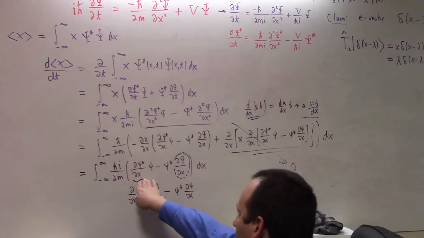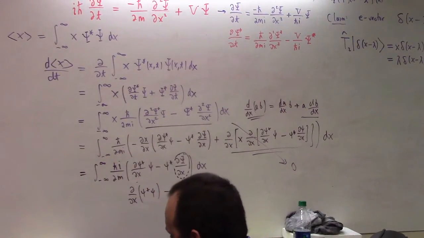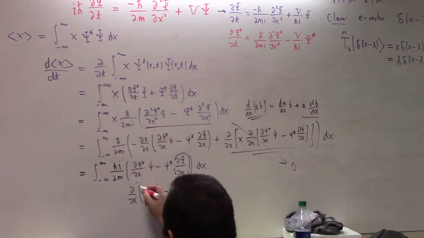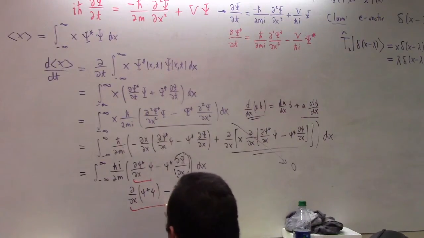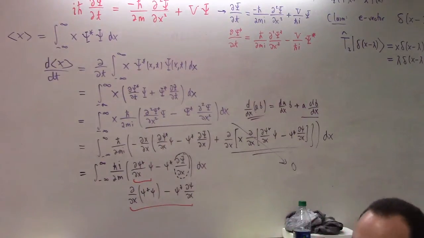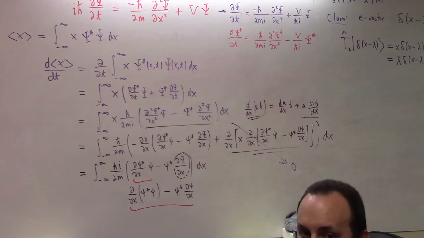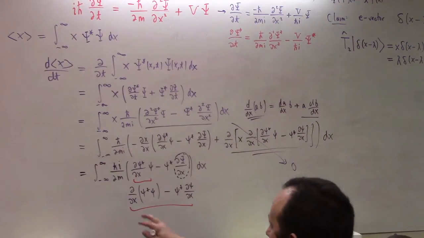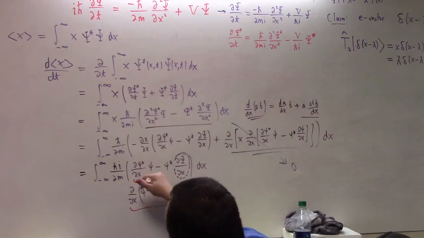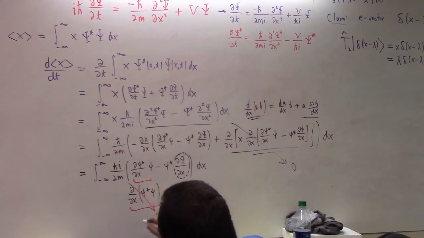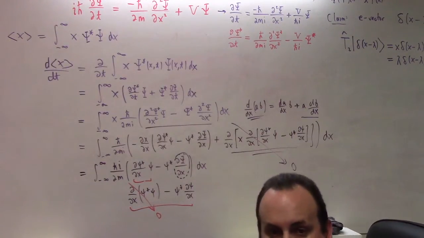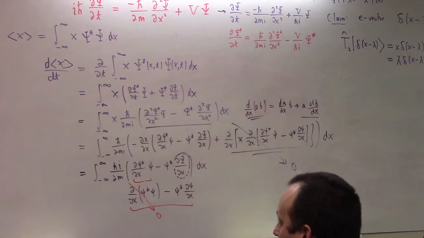So this, right, we can write this, right, as this guy. Does that make sense? And in so doing, this integrates to 0 on the boundary, assuming that the wave function goes to 0 at infinity.